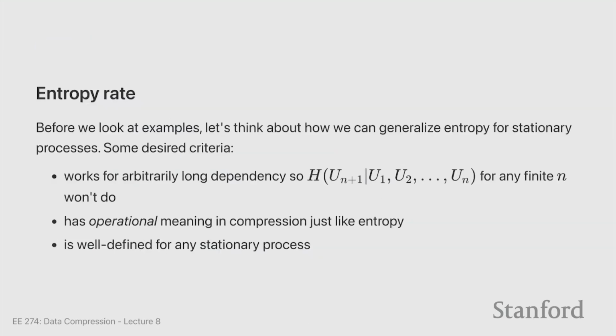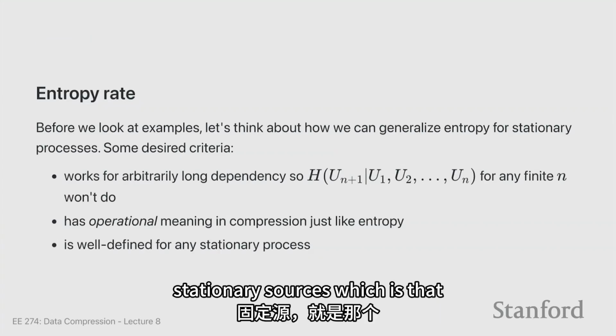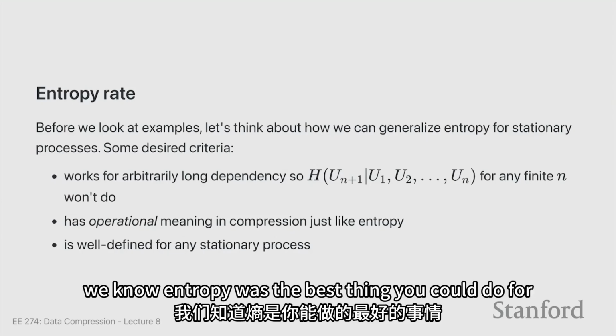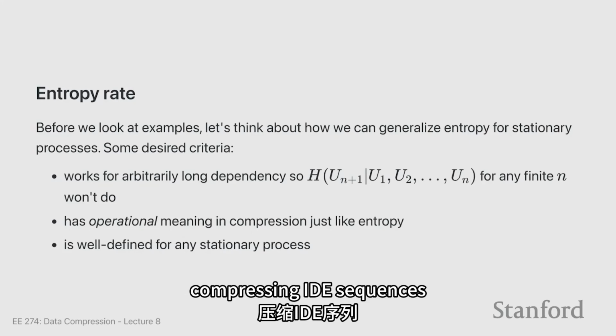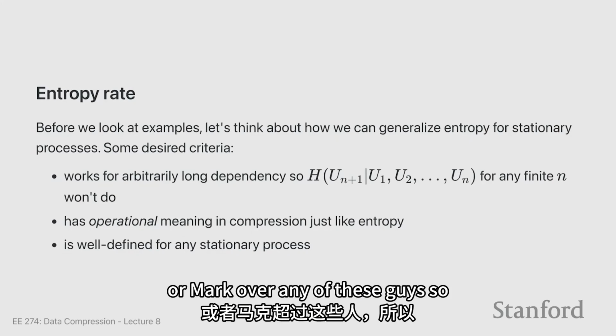Okay. Now we define the real quantity for stationary sources. We had entropy, and we know entropy was the best thing you could do for compressing IID sequences. Now we want to compress stationary sequences or Markov or any of these.